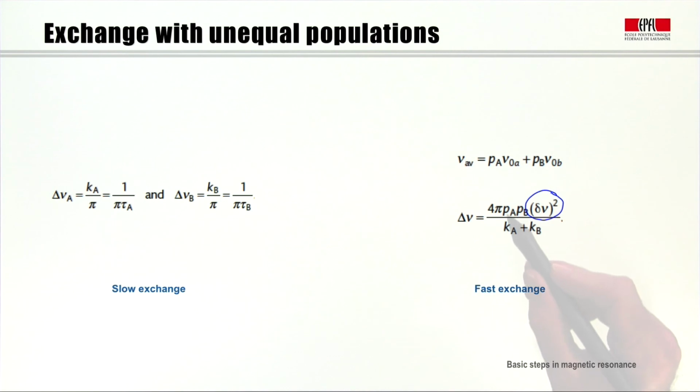Furthermore, we see that we have PA and PB, these are the populations, and the sum of the two exchange rates, the forward and the backward exchange rate. Of course, this should converge with a simple equation if we take PA and PB to be 1/2 each.